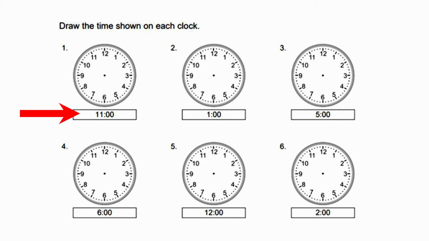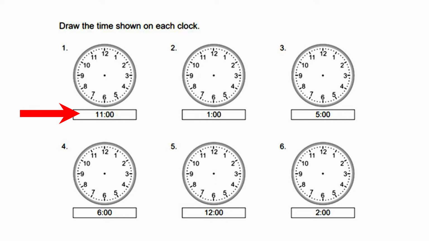So it means you have to look carefully at the time written at the bottom of the clock so you'll know where to position the hour hand and also where to position the minute hand. For the minute hand, that's easy. You just need to pay more attention to where you are going to put the hour hand. So I'll go through them for you.